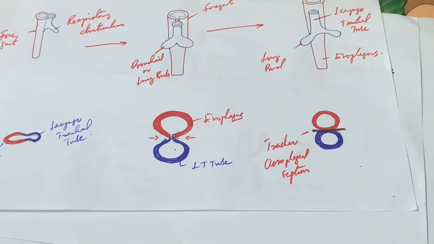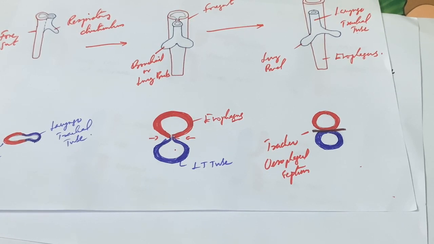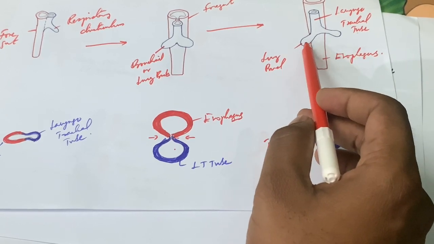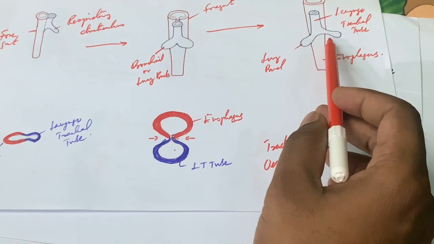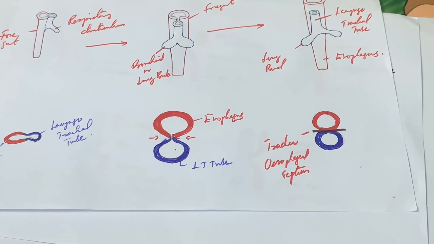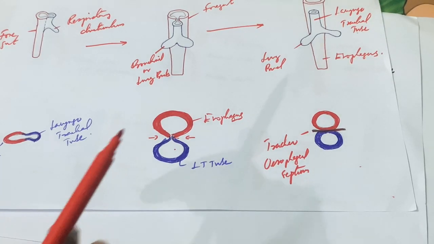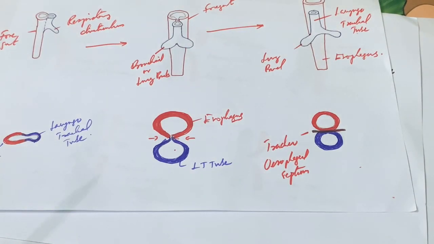The right and left pericardio-peritoneal canals form right and left pleural cavities. So they invaginate into the right and left pericardio-peritoneal canals and form right and left pleural cavities. This is all about the developmental stages of the respiratory system.